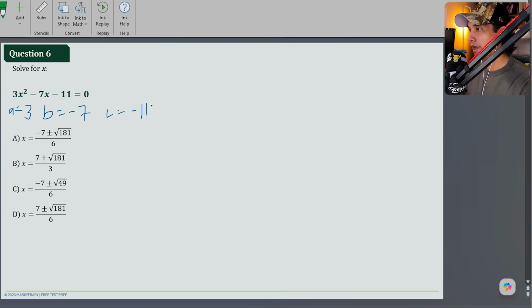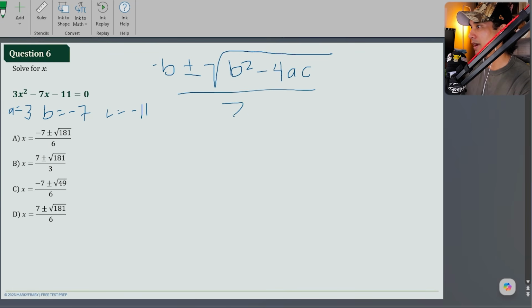Now that we got that out of the way, we can use the quadratic formula. And the quadratic formula is as such: negative B plus or minus the square root of B squared minus 4AC, divide everything by 2A. Let's plug in our numbers.